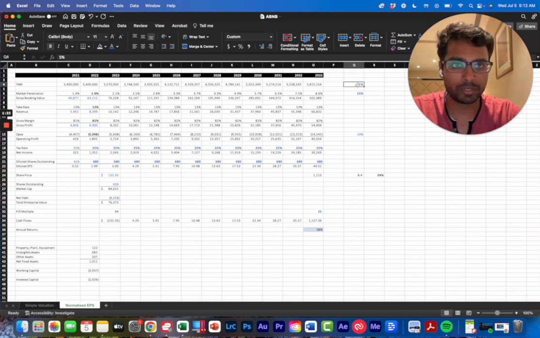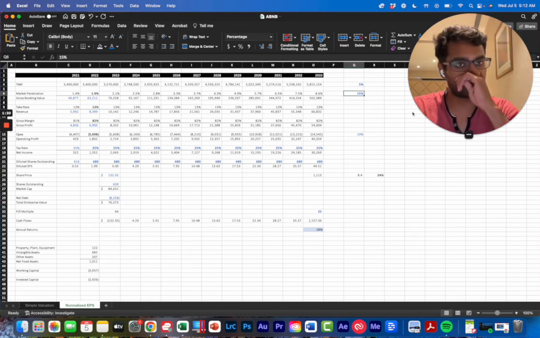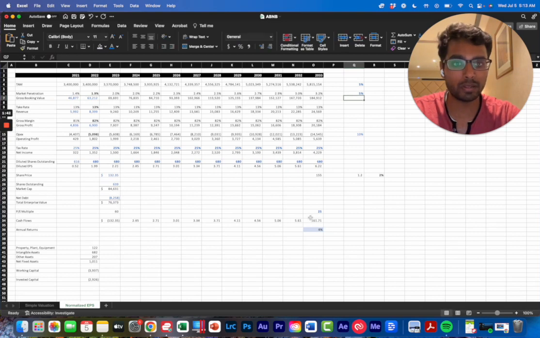The growth in the TAM, I think that's maybe 5%, and that's something we can be a little more comfortable about. But the really key question is how fast will market penetration grow? So if this grows at 5% and the multiple is 15 times, you're flat for over 10 years.